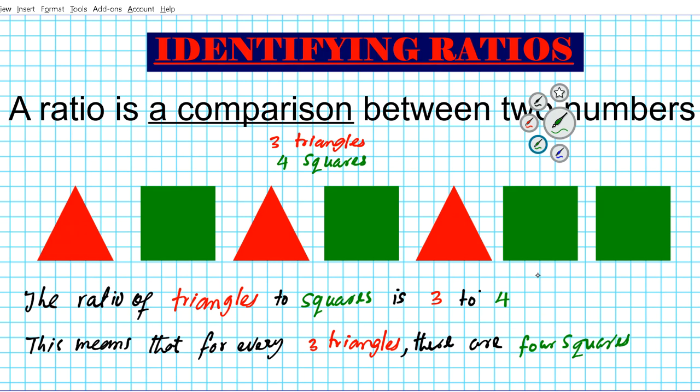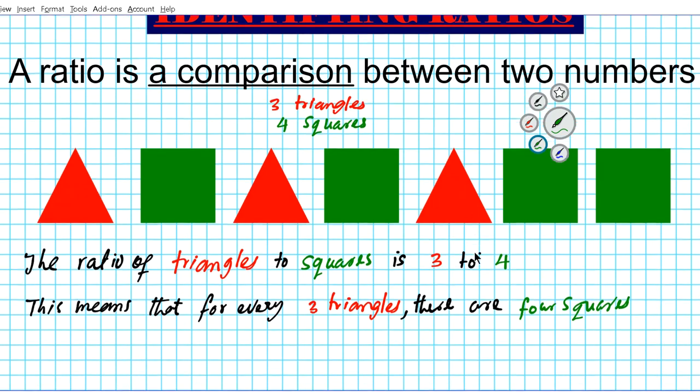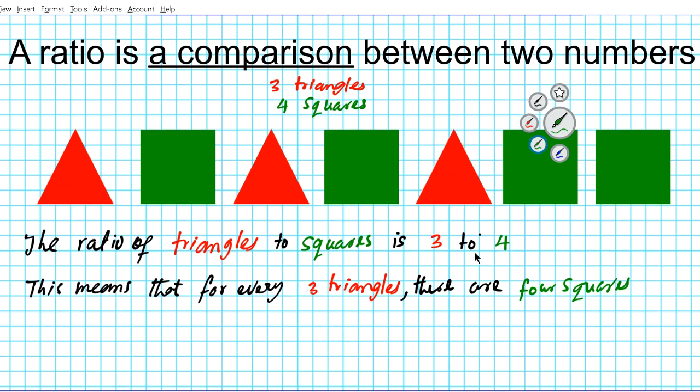Well, there's another way we can express or compare these two objects. We can do the reverse. How about we consider the ratio of squares to triangles? The ratio of squares to triangles is what?